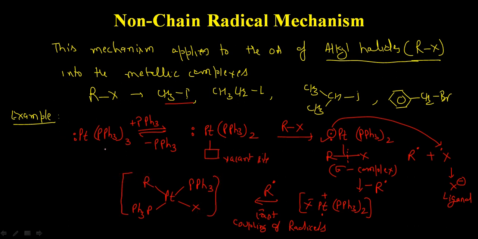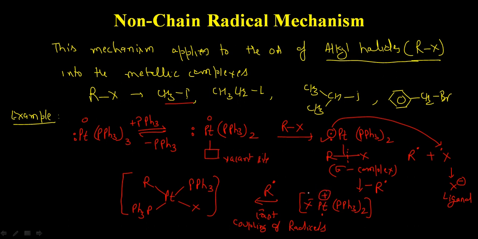In the starting compound, the oxidation state of the metal was 0. After losing one triphenylphosphine group, the oxidation state was still 0. Now when it was coordinated with X negative, its oxidation state was +1, as we have already written.